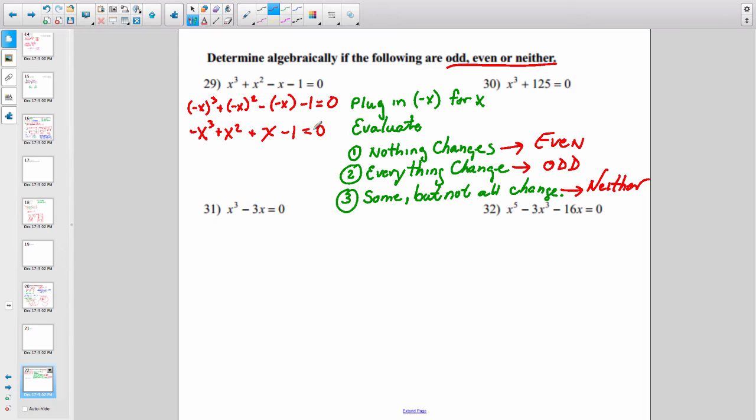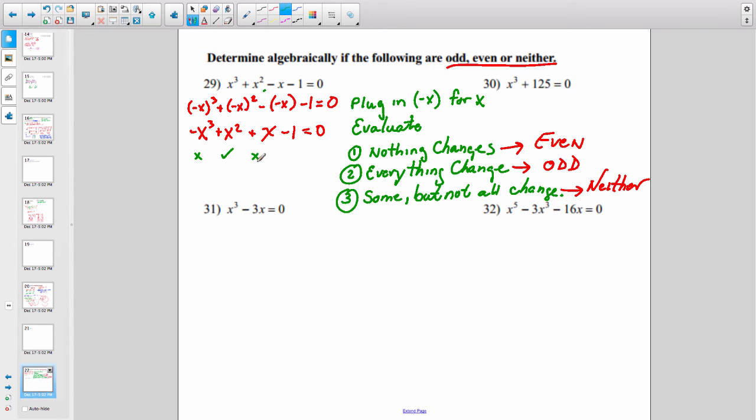So let's take a look. What changed? What stayed the same? Well, I had positive x to the third. Now I have negative x to the third. So that is different. I have a positive x squared and a positive x squared. That's the same. I have a negative x and a positive x.